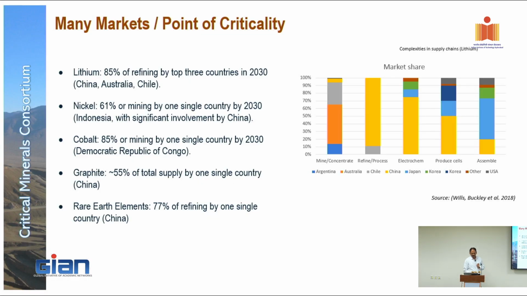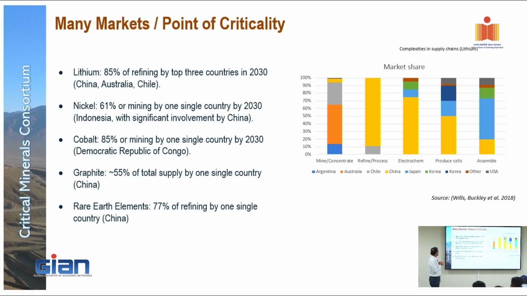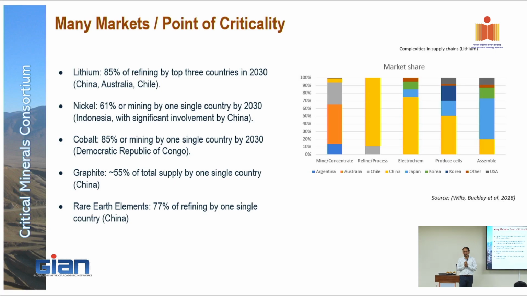What are we looking at here? This is again a very, very striking story. Lithium: Australia produces 50% of lithium concentrate. Nickel: Indonesia has the lion's share.